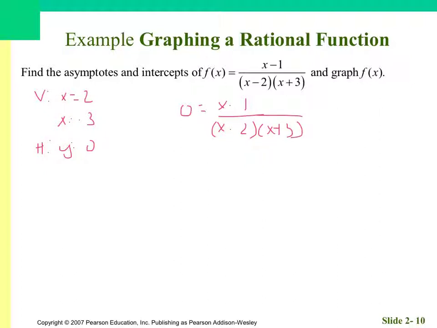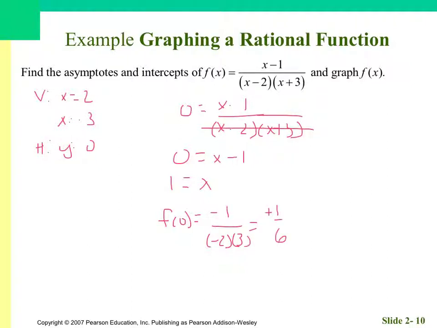But here's the thing, if I multiply, what's 0 times anything? 0, so that's gone. So you just have x minus 1 equals 0. So x equals 1. There's the x-intercept. The y-intercept, plug in 0 for x, solve for y. Negative 1 times negative 2 plus 3, so positive 1/6.